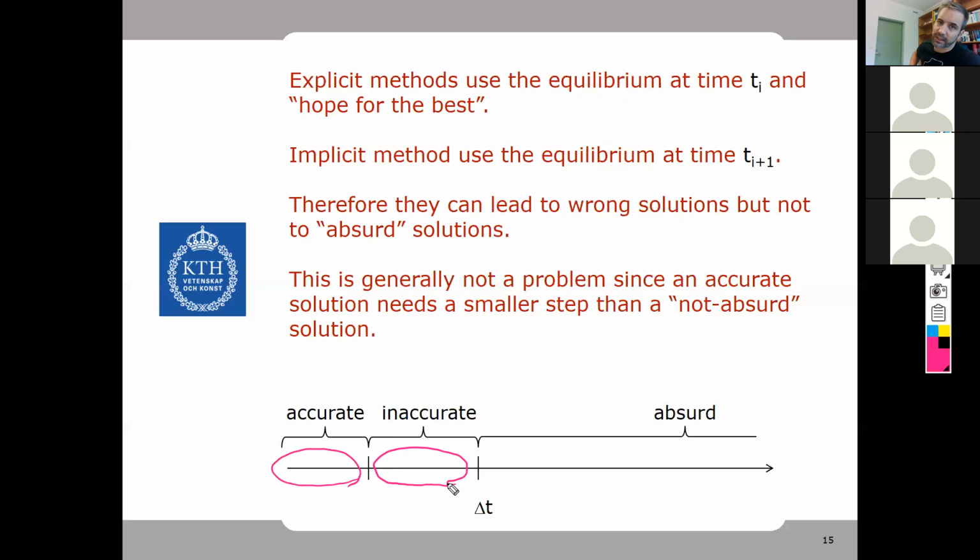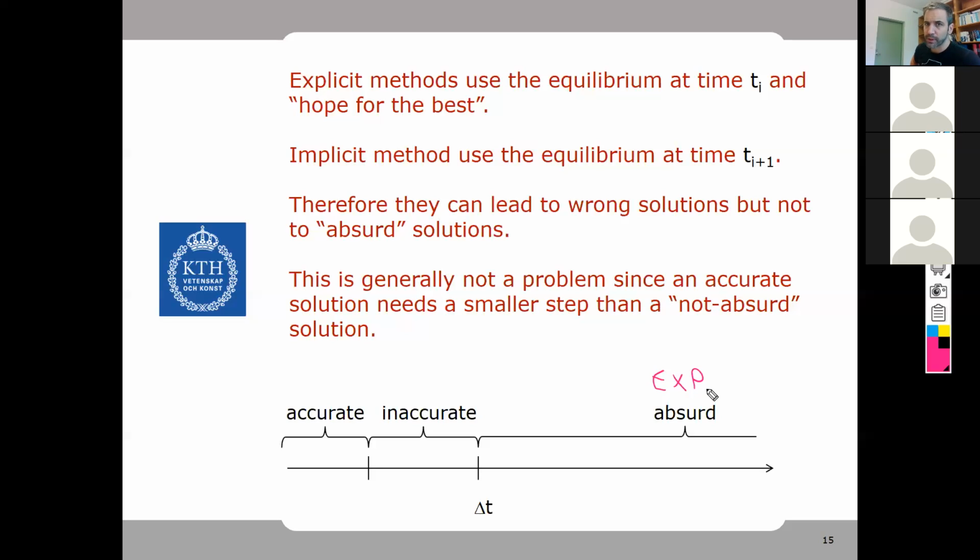And if we choose a delta t which is larger than that, we're going to have results that are absurd. Okay. But this is only true of the explicit method. The explicit method can return absurd results. The implicit never does.